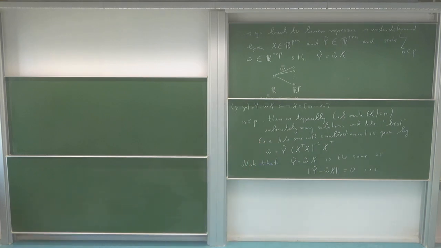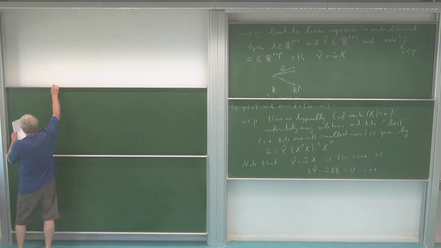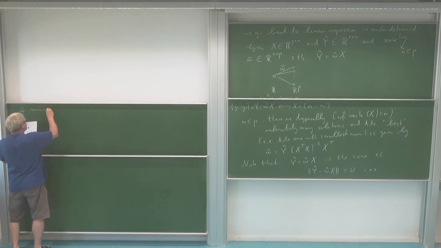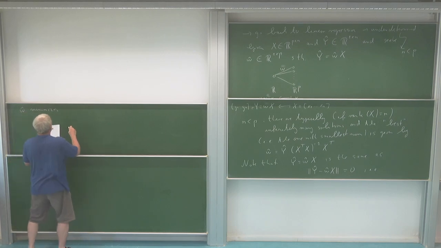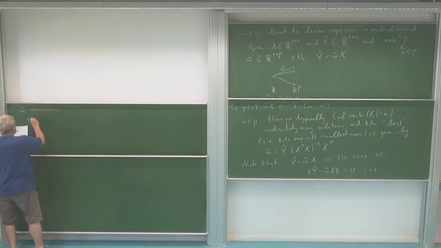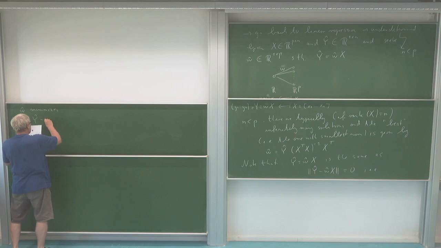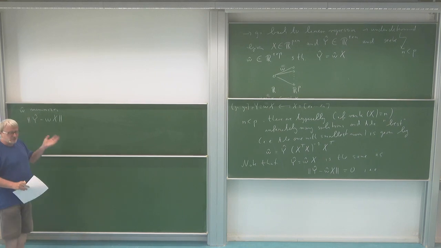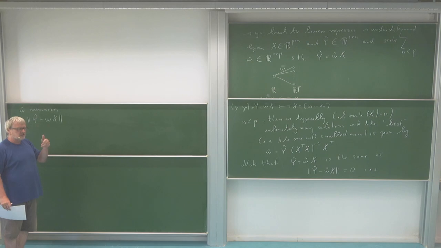So the W hat which I have is actually a number or vector. It minimizes Y hat minus W times X. So the W hat is among all W's one which minimizes this, and it minimizes it to equal to 0 in the underdetermined case.